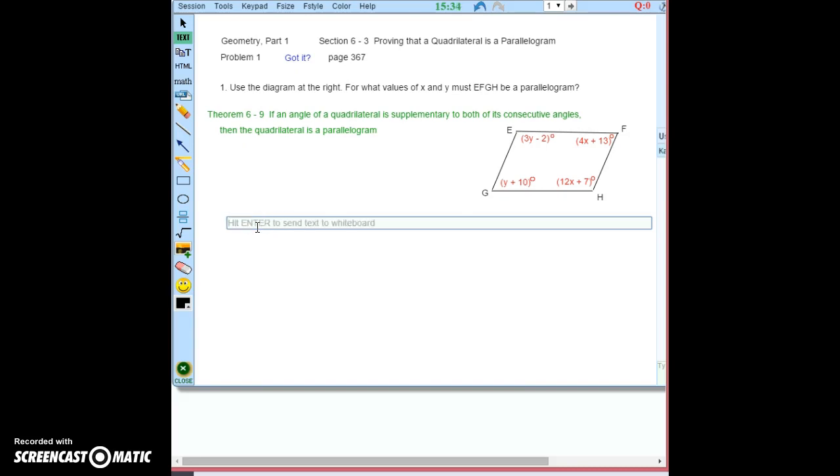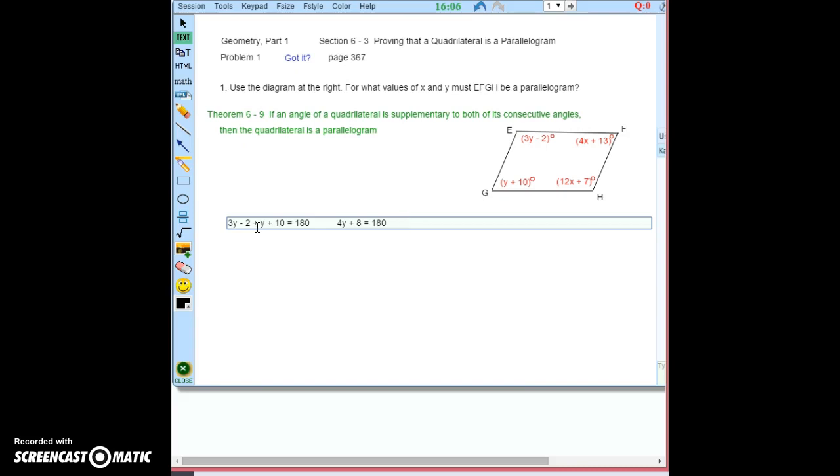Okay, so supplementary means they have to add to 180. So we can do this using the same variable. We can do 3y minus 2 plus y plus 10 is equal to 180, which gives us 4y, if we add like terms, plus 8 is equal to 180.